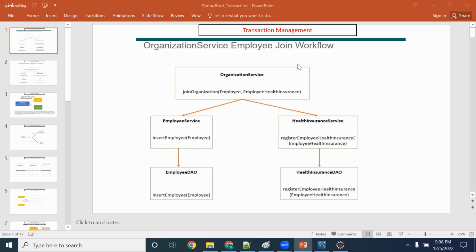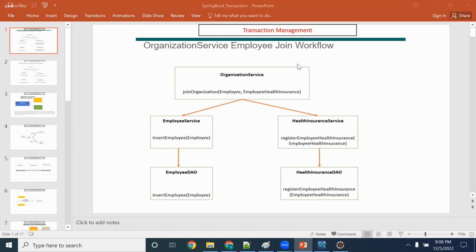Spring Boot automates this. We took the example of payroll processing of an employee, where the employee should be created as well as the insurance. I don't want a situation where the employee is there but insurance is not, or insurance is there but the employee is not. I want transaction management: if the employee is a success and the insurance is a success, then only I want to save the data.